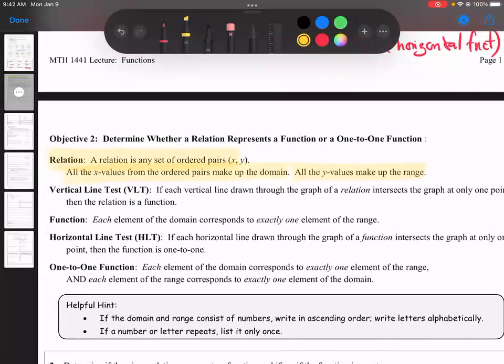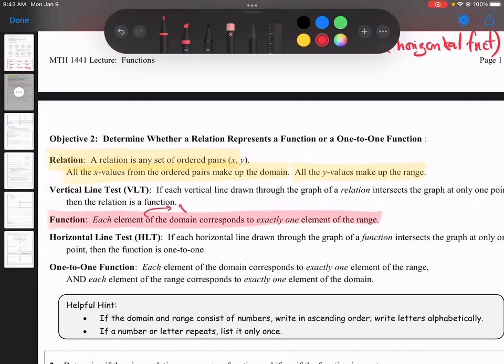Now, function is a little bit trickier. Function is a set of ordered pairs. It is a relation plus each element of the domain corresponding to exactly one element in the range. That makes it a little bit more picky. This implies, don't worry on the exam, I don't think they're gonna test you with the definition, but you can understand.